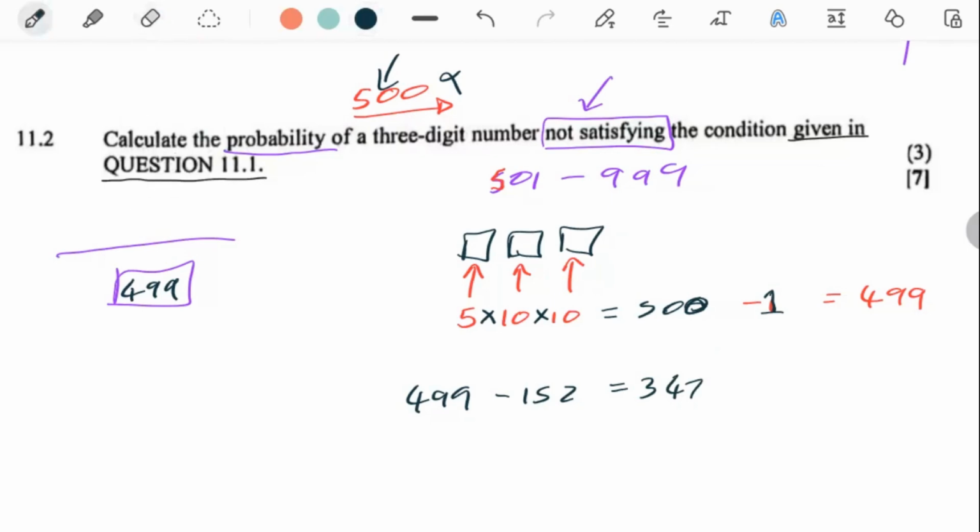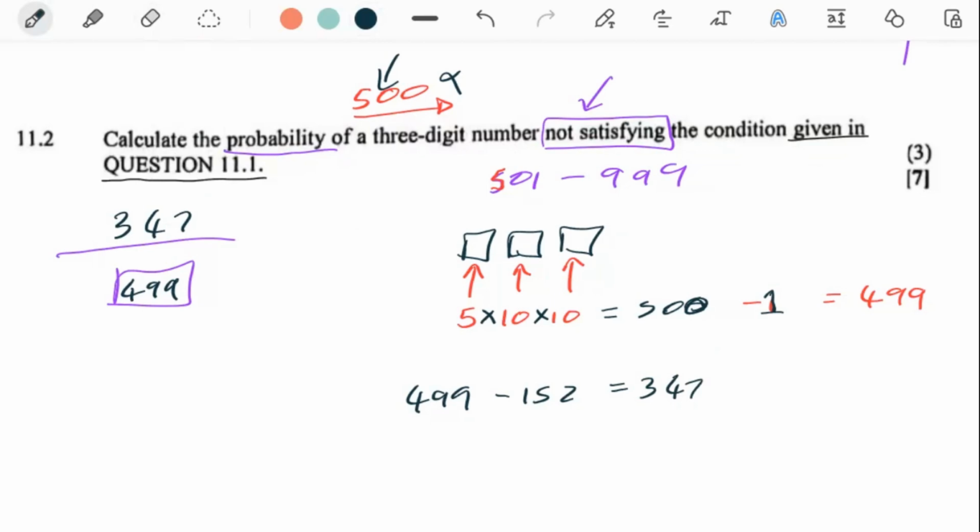So we know that the probability of a 3-digit number not satisfying the condition given in 11.1 is going to be 347 over 499.